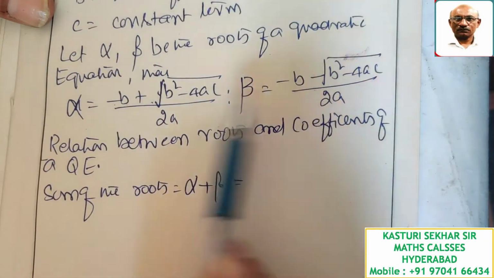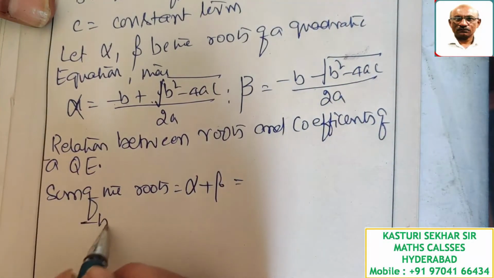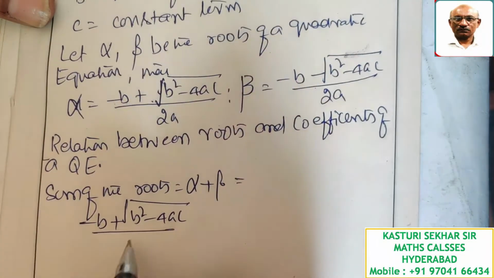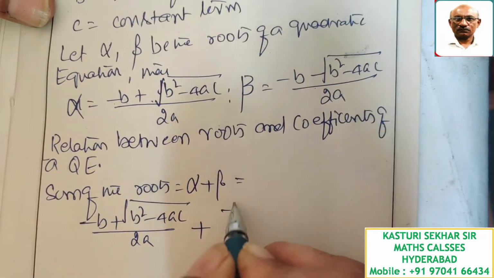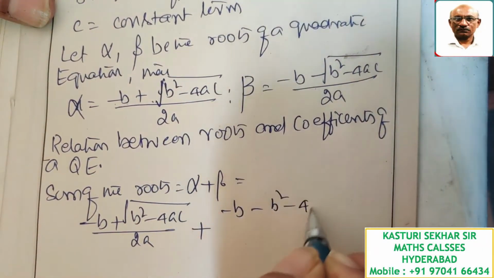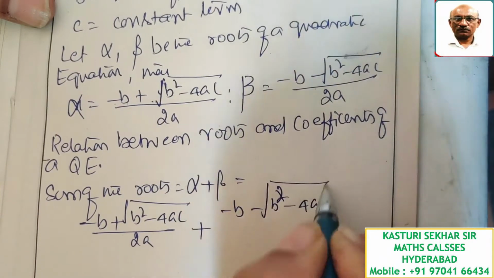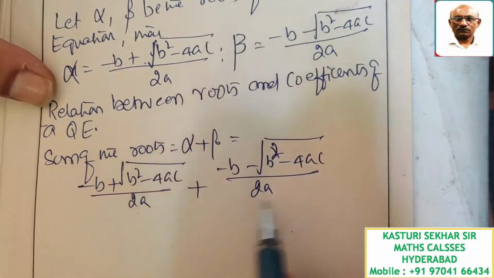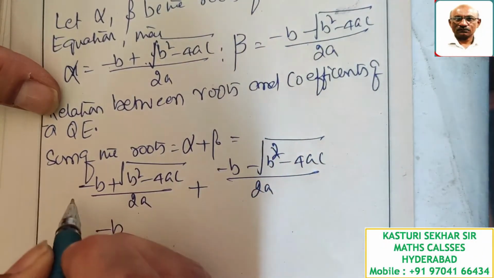These two values you have to add, sir. Minus b plus under root b square minus 4ac, divided by 2a, plus minus b minus under root b square minus 4ac, divided by 2a. Now the denominators are the same, so I can add the numerators.